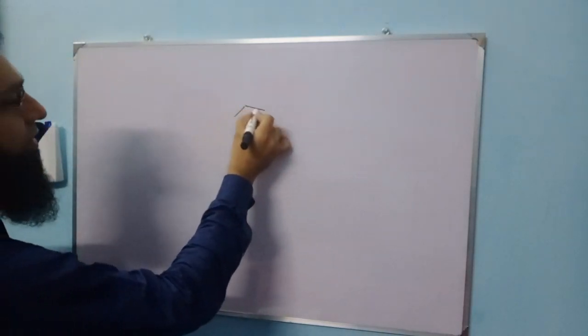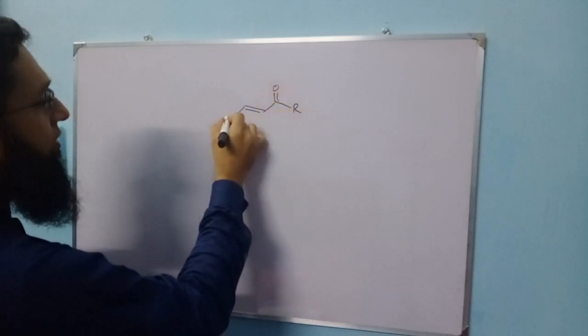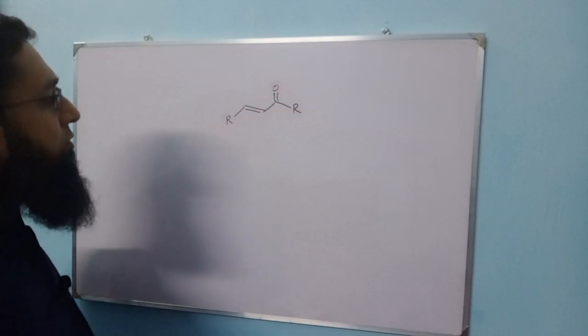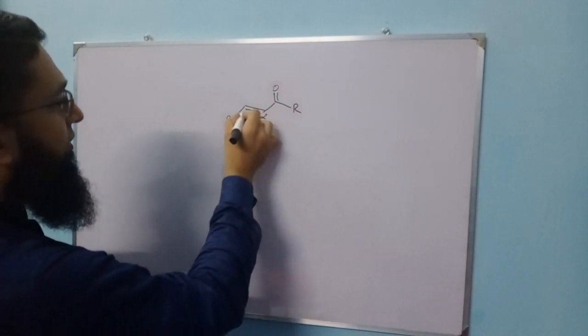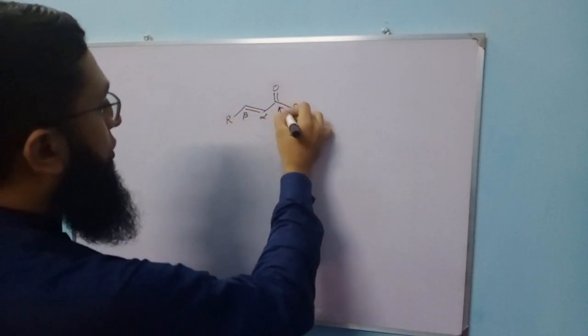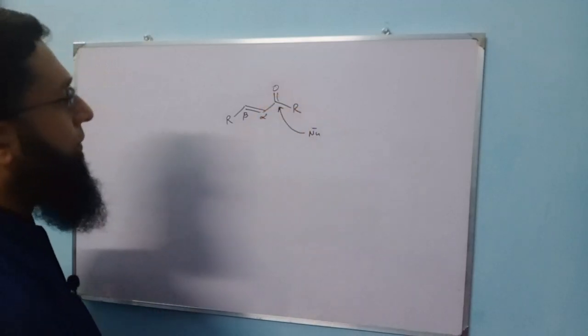If we take a general alpha, beta unsaturated molecule, for example this one, there are two possibilities via which it can react. It can be attacked by a nucleophile directly on the carbonyl carbon.